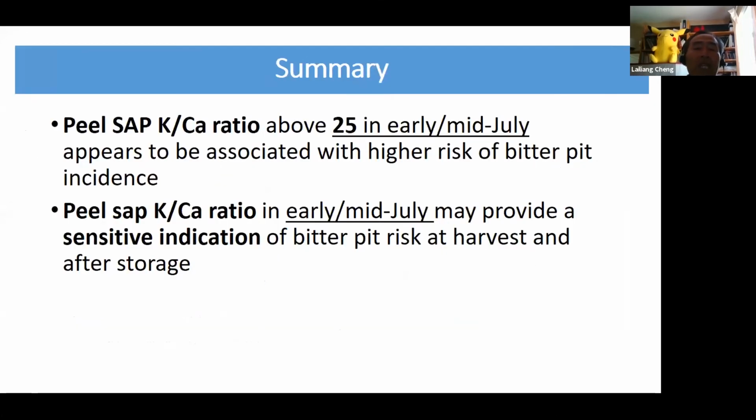And pure sap potassium to calcium ratio in early to mid-July may provide a sensitive indication of bitter pit risk at harvest and after storage. We're going to continue this work, and we try to include a nitrogen to calcium ratio in the future. We're working on it, but we have not done all the work yet.